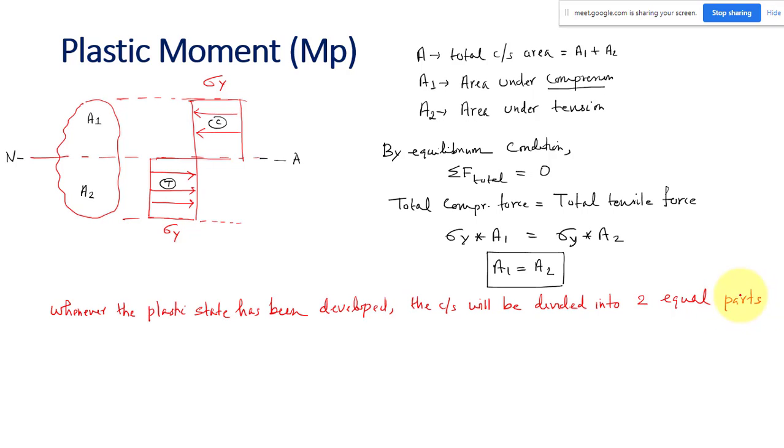That is what you can say from A1 equal to A2. The area under compression and the area under tension will be equal. But the elastic neutral axis does not satisfy that condition.